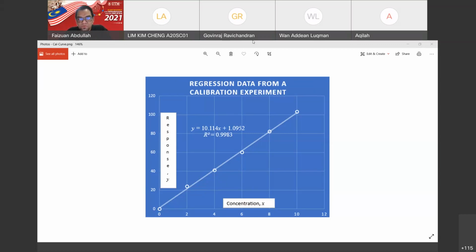For example, today we are analyzing zinc, so we need to use distilled water that we assume has no zinc inside it. So this solution is considered a blank.